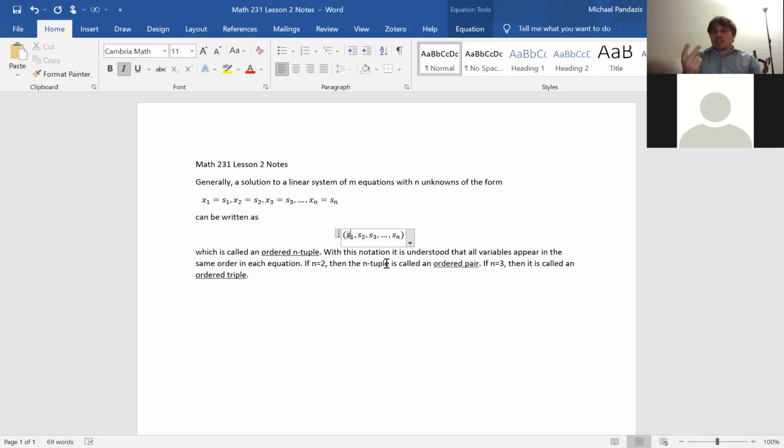An ordered pair like (1, 2) would say you assign the first variable the value 1 and the second variable the value 2. And if you do that as a solution, being a solution means that assignment will make every equation in your linear system true. Okay, right? If you assign the wrong values to your unknowns, then you could have an equation where after you plug in those values, the 2 sides are not equal, right?